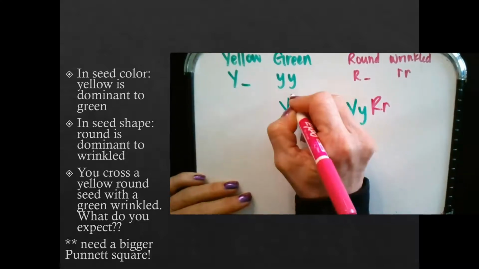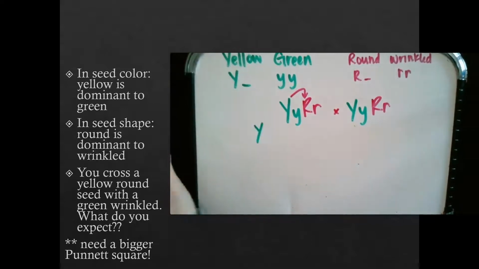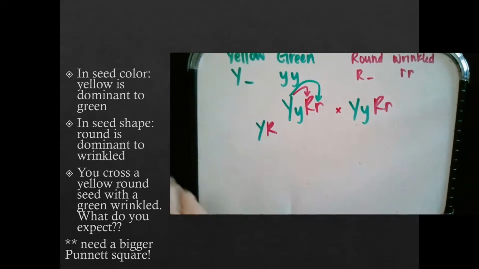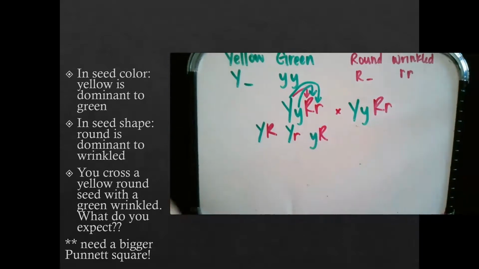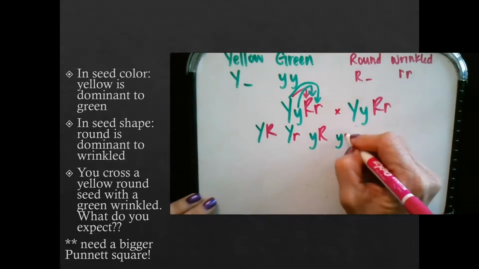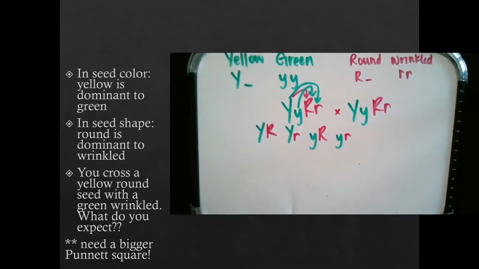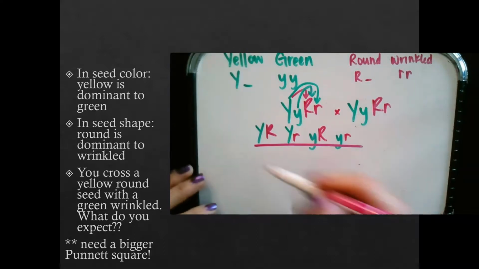So we're going to go, we could get a big Y with a big R. We could get a big Y with a small r. We could get a small y with a big R. And we could get a small y with a small r. So these four alleles are our possibilities.